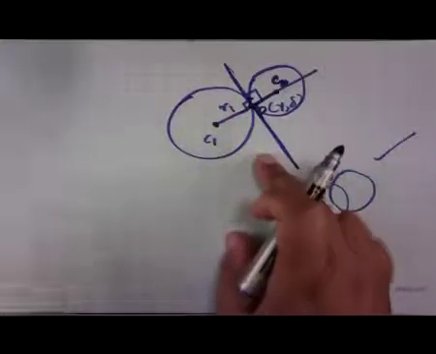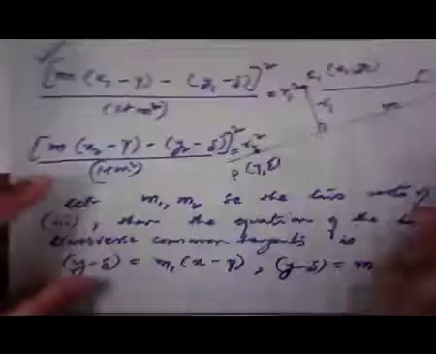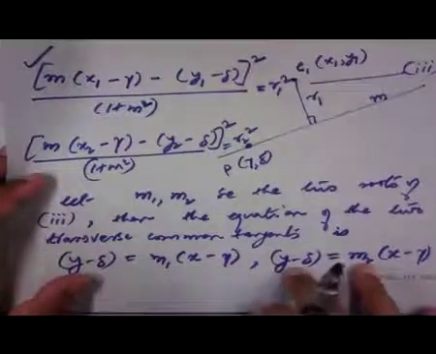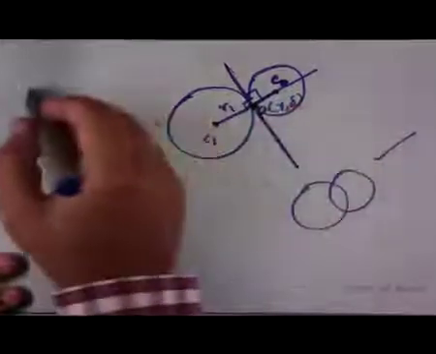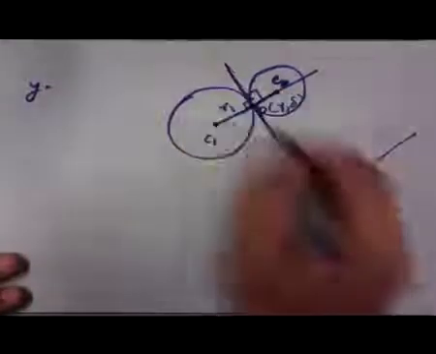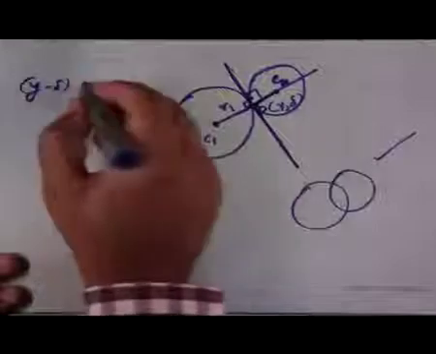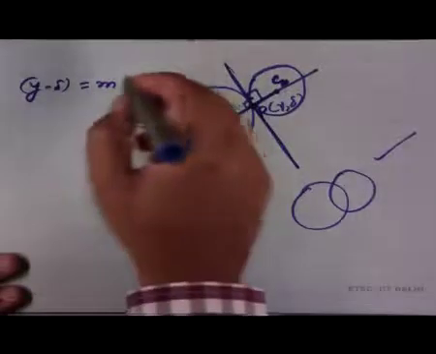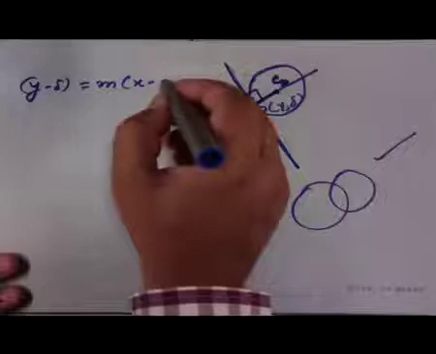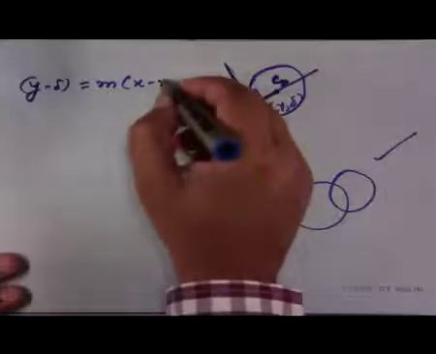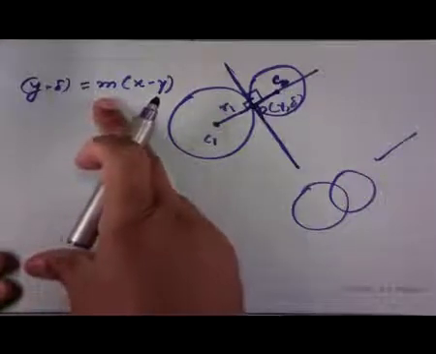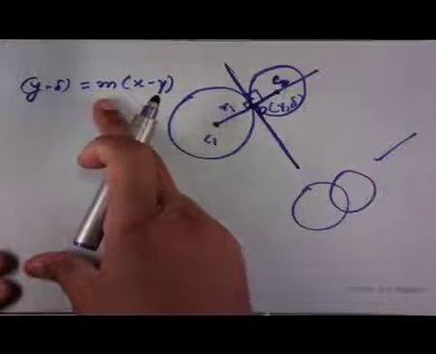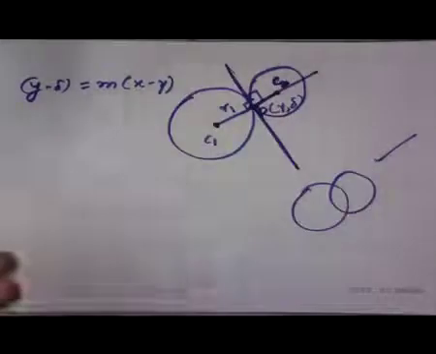We won't have two tangents, we will just have one tangent, and the equation of this single transverse common tangent will be y minus delta is equal to m into x minus gamma, where m is the value of the equal roots of that quadratic equation in m. So, there is only this single transverse common tangent.